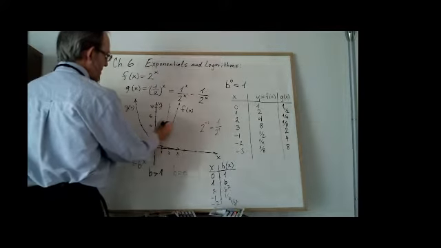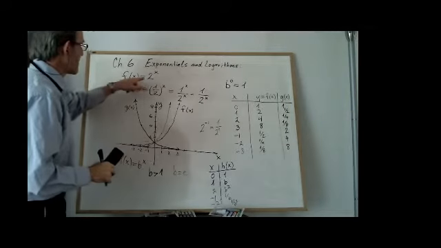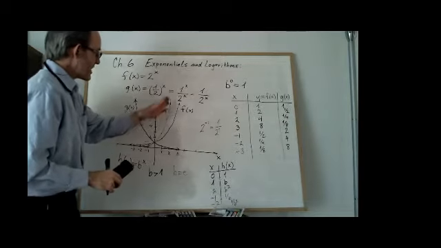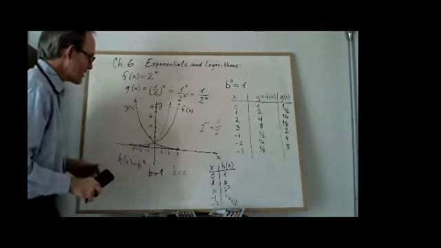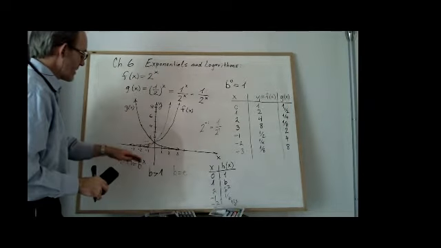And on the other side, it's increasing even faster than 2 to the power x. So the bigger the base, the faster it increases to infinity in the positive x direction, and the faster it decreases to 0 in the negative x direction.